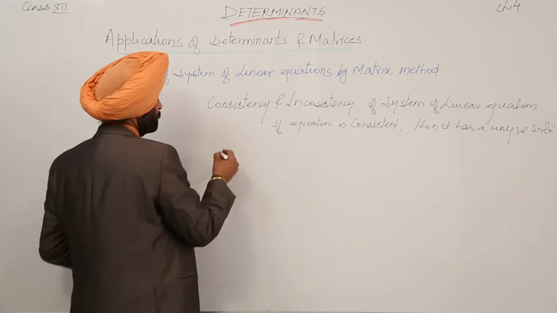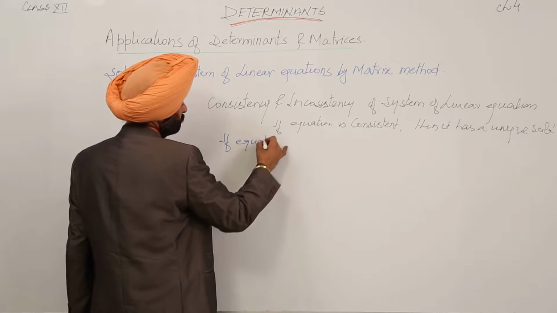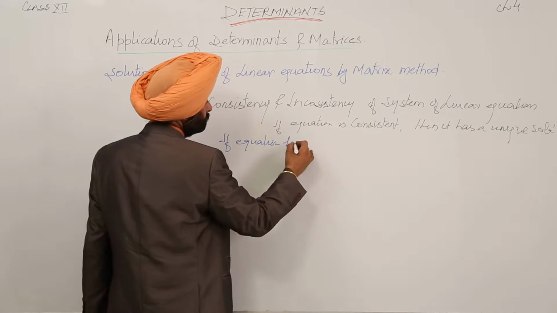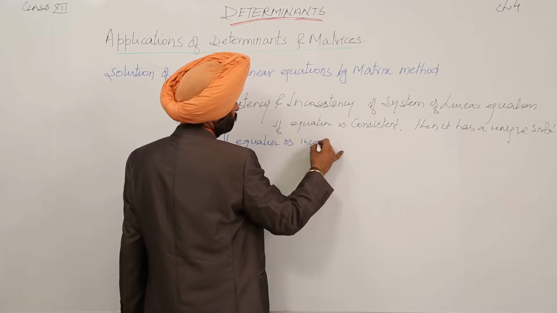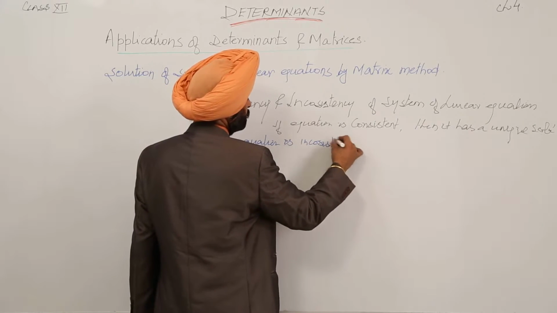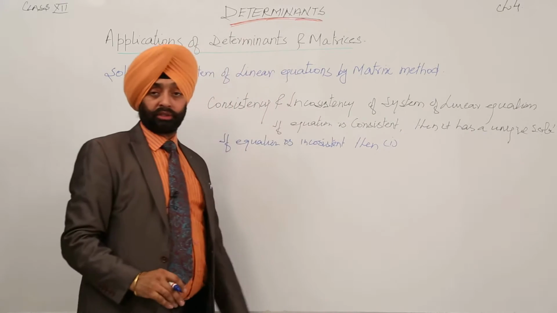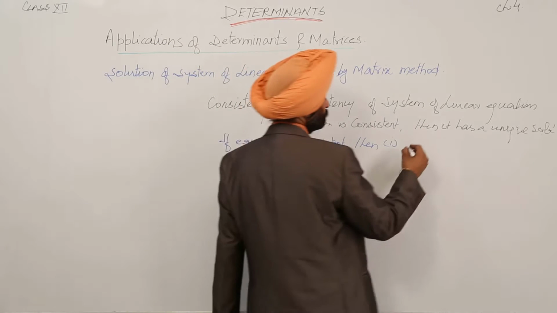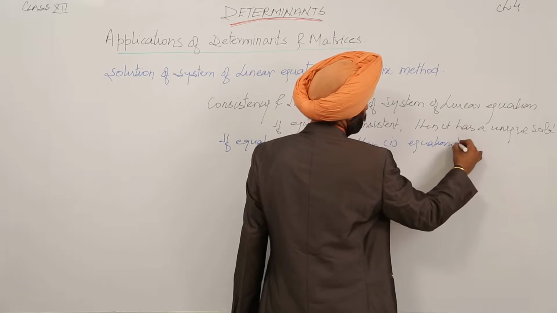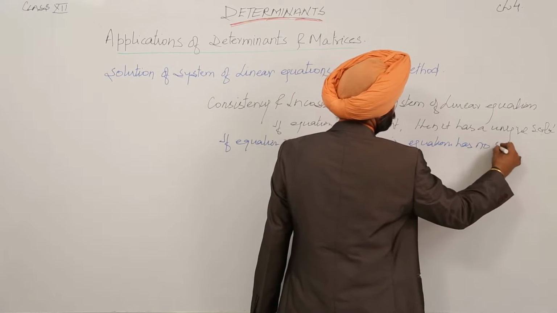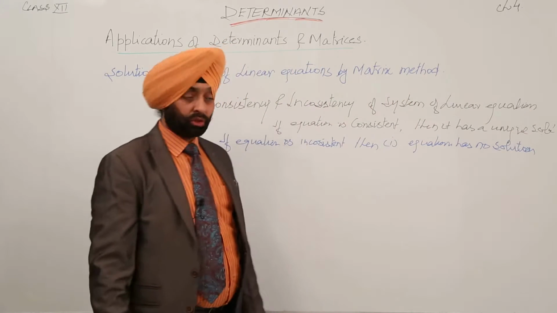Now, second thing was, if the equation is inconsistent, then we were having two results. Number one, the equations have no solution.